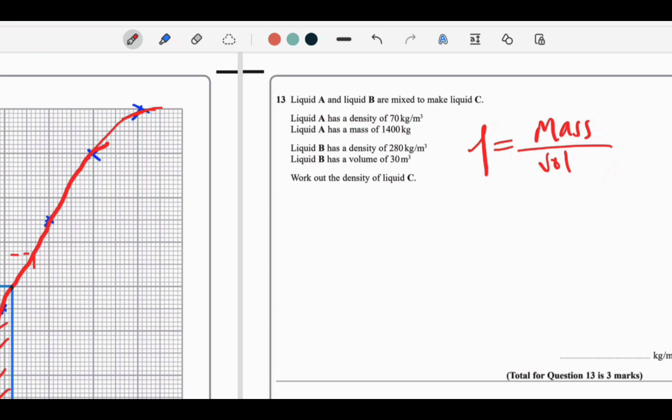So let's start off with that. Volume would be mass over density. So the volume of liquid A would be its mass, which is 1400 over 70. That's super easy. That would be 20.